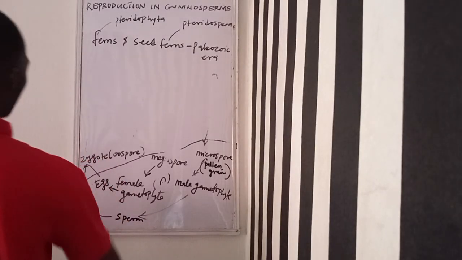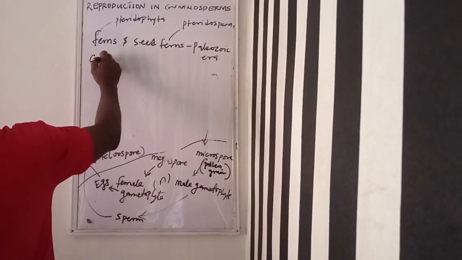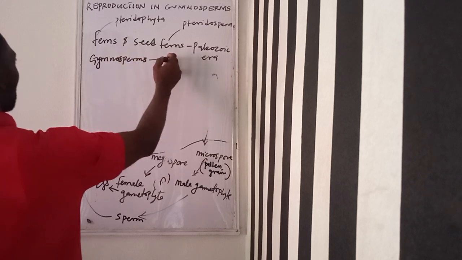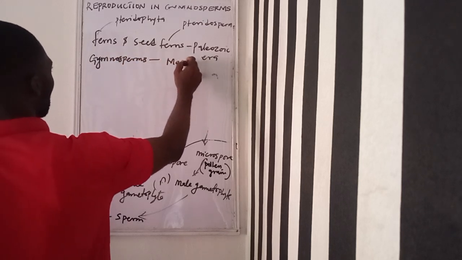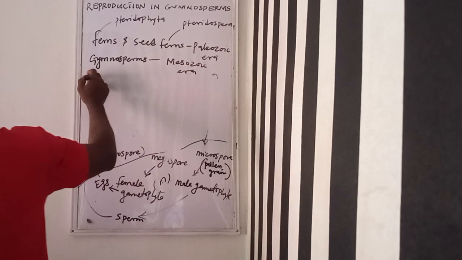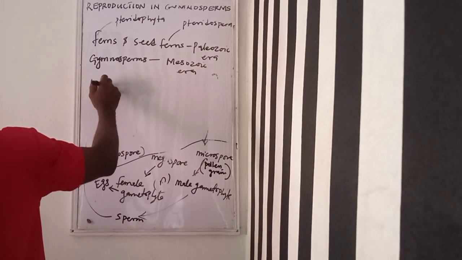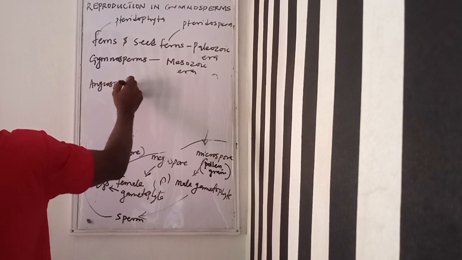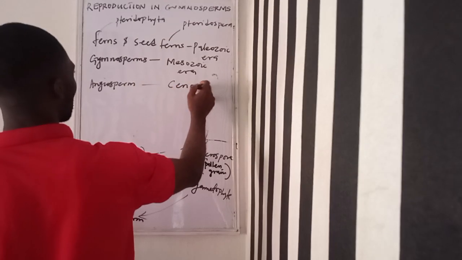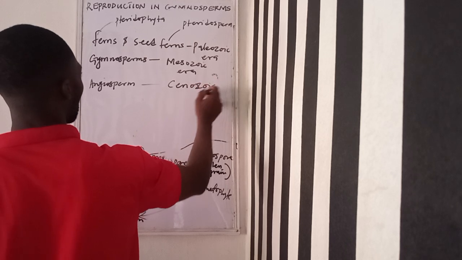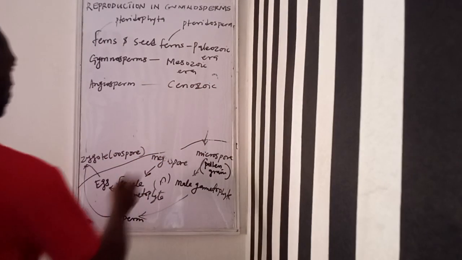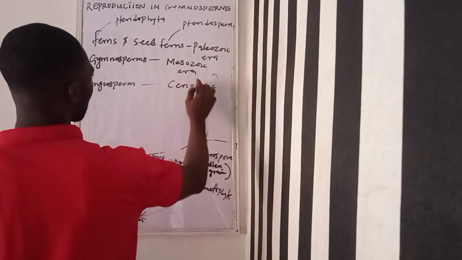Then gymnosperm thrived within the Mesozoic era. Then angiosperm thrived within the Cenozoic. That's correct.